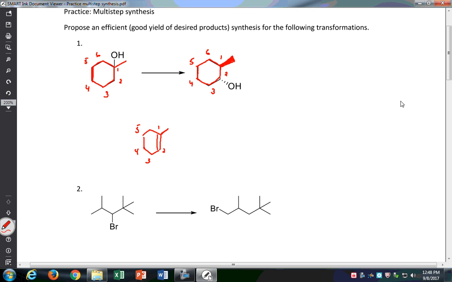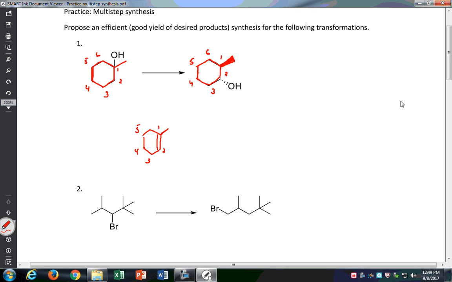So we see that we have a route to do that. So now all we really have to do is put in our reagents. Note, there won't always be one route to this. There's best routes, and there might be multiple ways we can do this.